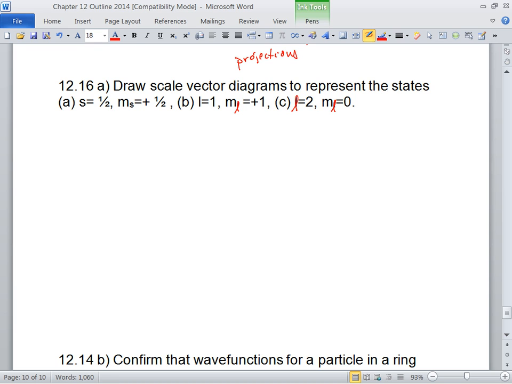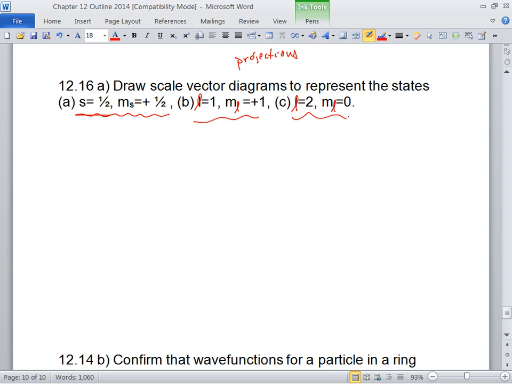So we had some arbitrary axis. You had to draw the magnitude of whatever type of angular momenta they're talking about, whether it's spin or orbital. Here we have a spin, here we'll have an orbital, another orbital. But they want it to scale. So when you calculate this stuff, remember the component on the arbitrary axis is m sub l h bar.